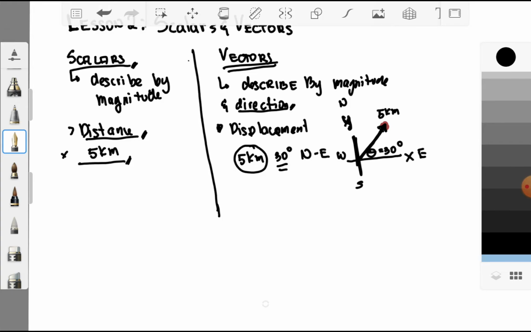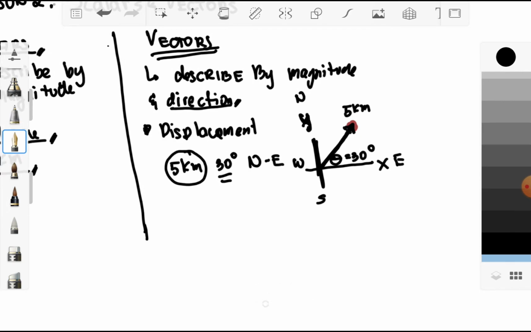If your arrow is directed in the first quadrant of your xy plane, it means it is going positive y and positive x. If your arrow is in the second quadrant, it will have positive y and negative x.